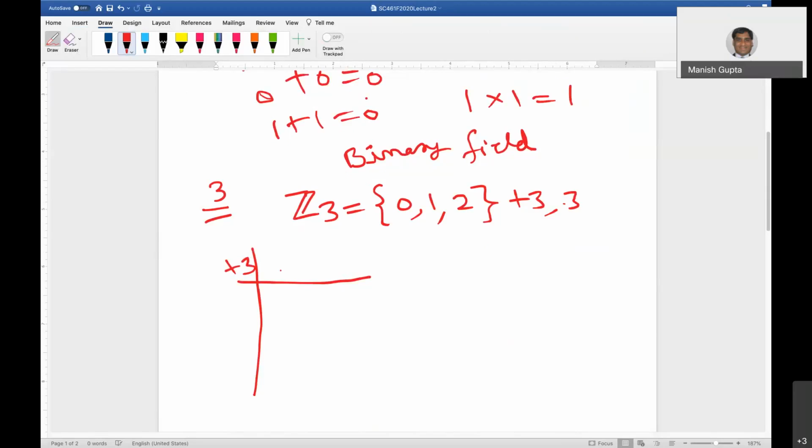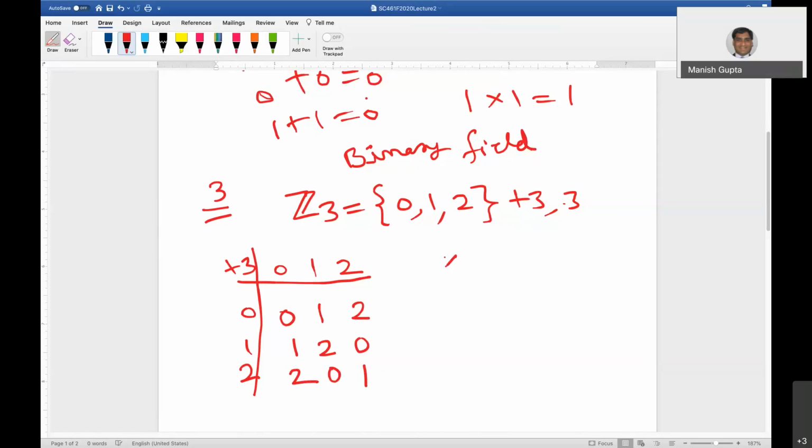Plus 3 means again we have 0, 1, 2. 0 plus 0 is 0, 0 plus 1 is 1, 0 plus 2 is 2, 1 plus 0 is 1, 1 plus 1 is 2, and 1 plus 2 is 3. 3 modulo 3 is 0. 2 plus 0 is 2, 2 plus 1 is 3, and 3 modulo 3 is 0. 2 plus 2 is 4, modulo 3 it is 1.